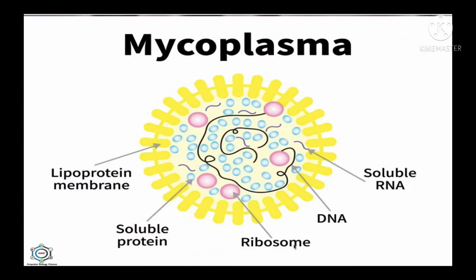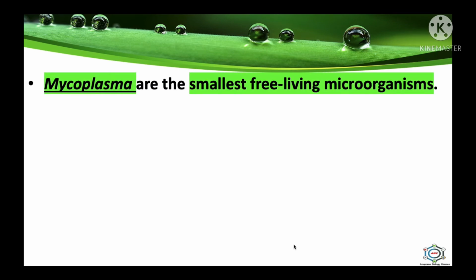Cells of mycoplasma divide unevenly into very minute bodies called minimal reproductive units. They are commonly formed inside the mature cells. These can pass through bacteria-retaining filters. So, mycoplasma are the smallest free living microorganisms.